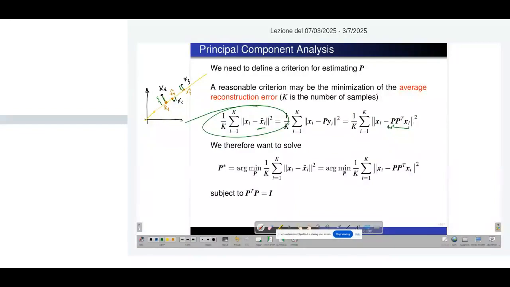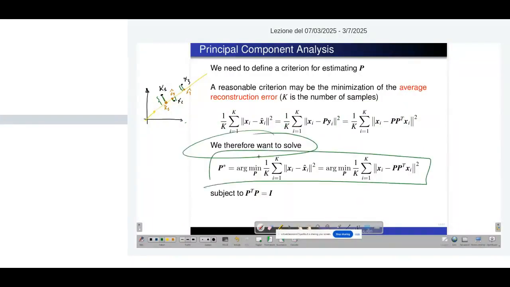So this is a function where P are the parameters and all the rest of the quantities are known. The xi's are the samples in my training set, so they are given, they are numbers. If I give you a matrix P, you can compute a quantity that corresponds to the reconstruction error for that matrix. Our goal is to find the matrix P that gives the best reconstruction error.